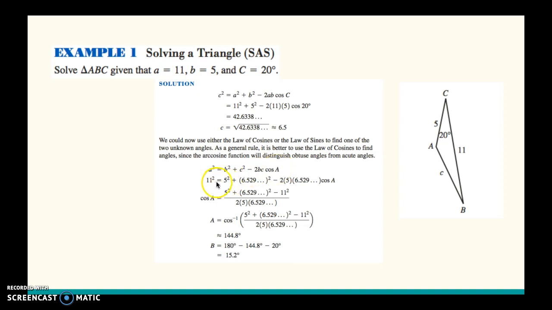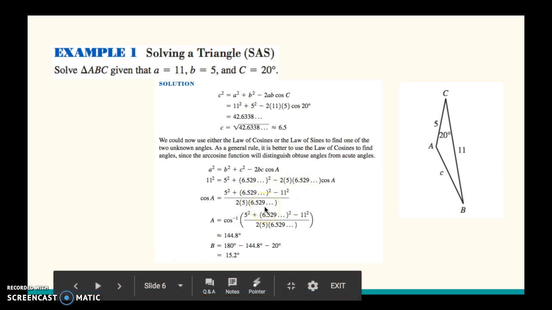So I go ahead and square my values, and notice that the cosine here is the unknown one, but it has coefficients attached to it. If I need to solve for it, I can take it over to the other side of the equal sign, because it's negative here, so it will end up being positive on the other side. I combine all the other like terms, and this leading coefficient will eventually be divided through with everything. That's why it's here at the bottom.